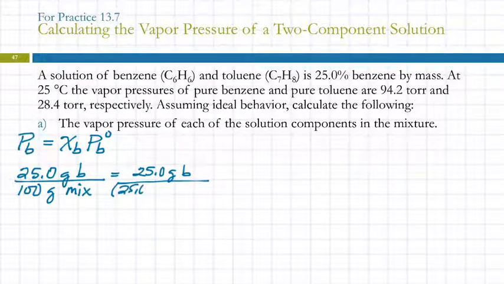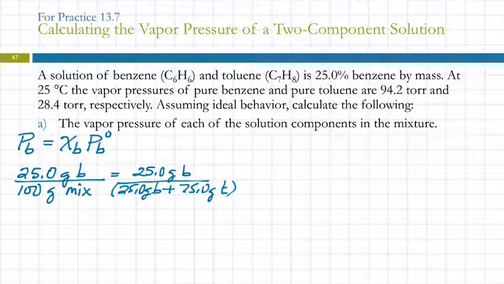So that's 25 grams of benzene plus 75 grams of toluene, because if I have 100 grams and it's 25% benzene, then the 75% must be the toluene. Okay? So to get the mole fraction, I need to find moles of benzene and total number of moles.